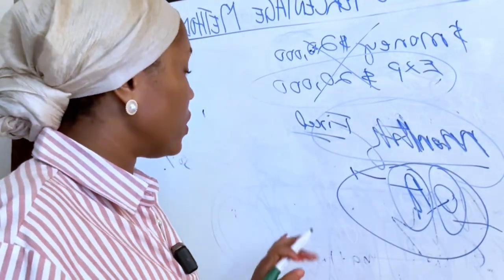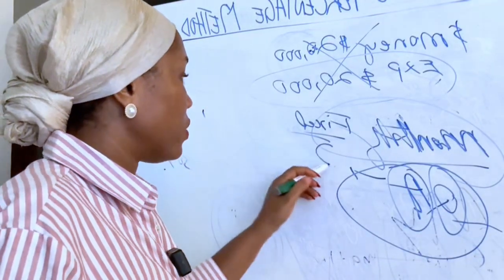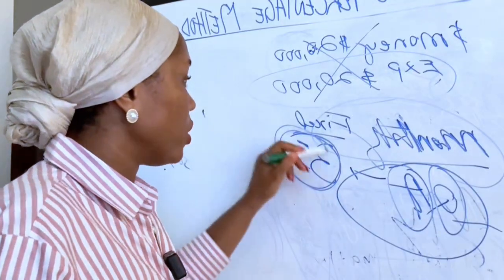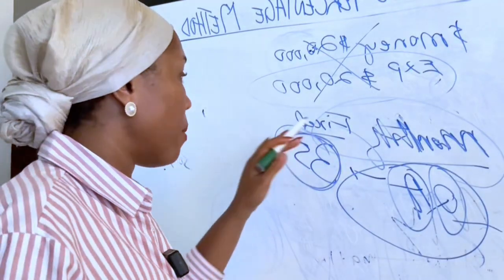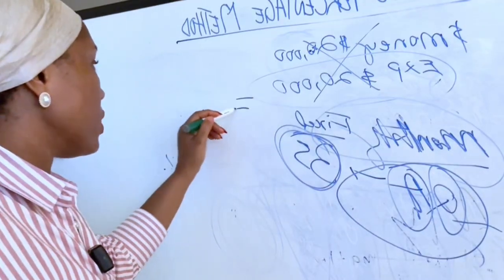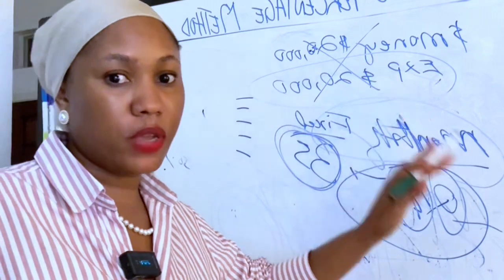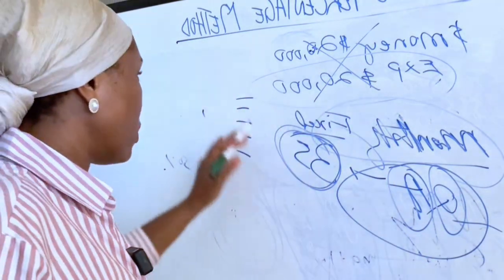Then you can evaluate and say, okay, I want to create a budget for my business, because if it's 35% that's left in the expenses account, you want to create a budget for your business around this 35%. So you're telling that budget, okay, what are all the things that I need to do for the month, both variable and fixed cost, looking at direct and indirect cost. What are those things?